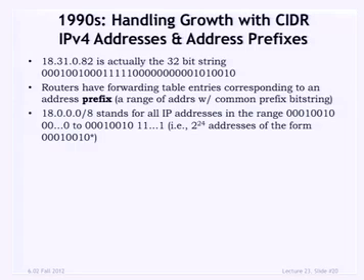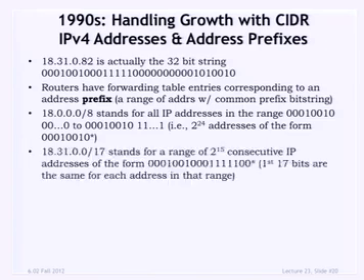So one way of writing this in notation that we can understand as human beings more conveniently is this idea of writing it as 18/8. What that means is this notation stands for all IP addresses which have the first 8 bits in common, which would be 00010010, which stands for the human readable number 18, and it contains all 2 to the 24 addresses corresponding to that prefix.